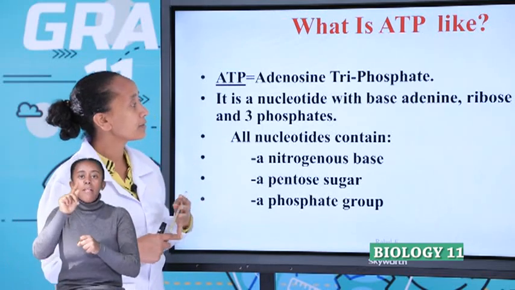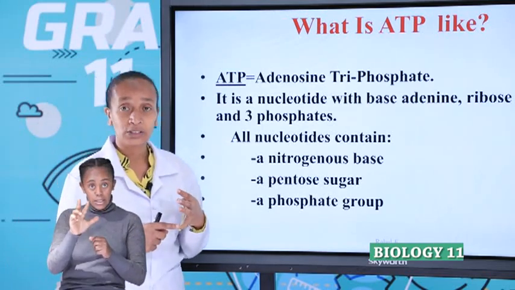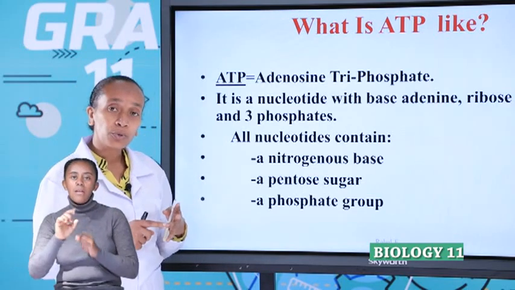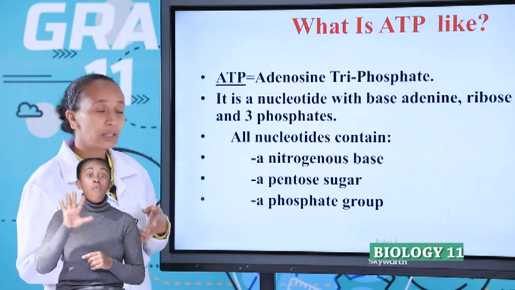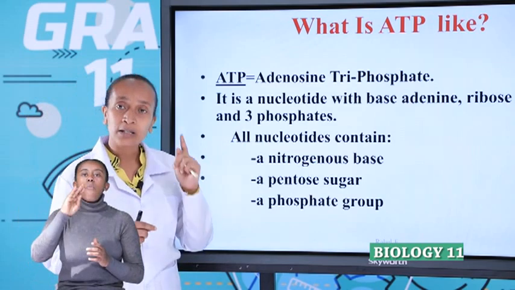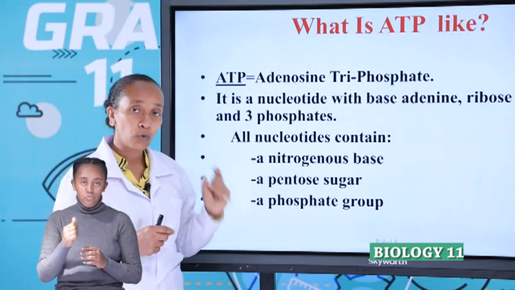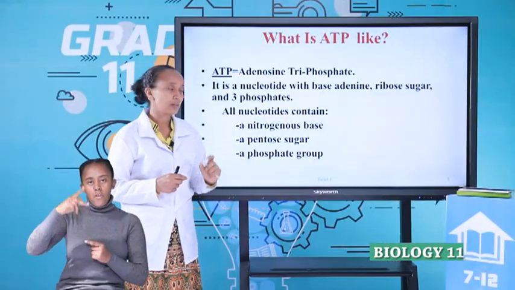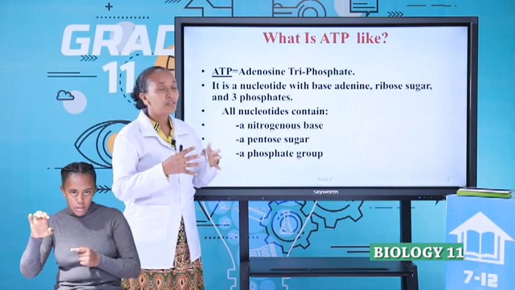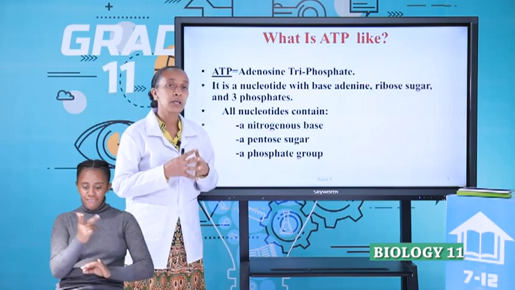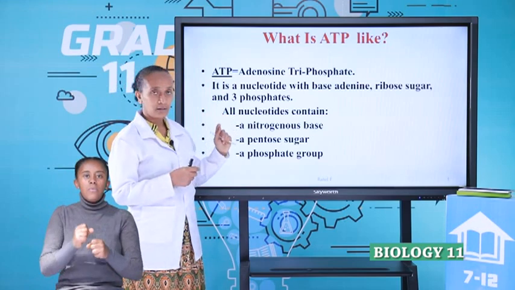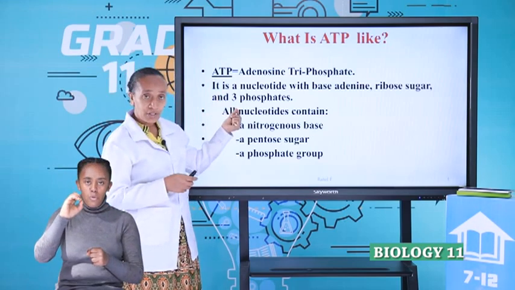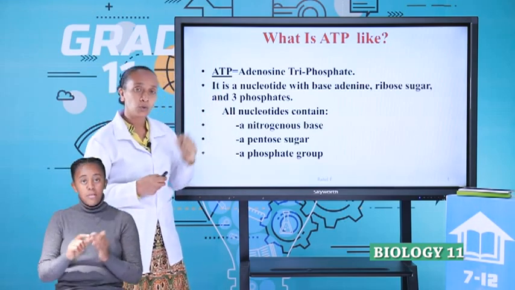One of the components is adenine, which is a base. The other component is a 5-carbon sugar, ribose, and the third component is phosphate. You know that a molecule having these three components is known as a nucleotide. Therefore, our ATP is a type of nucleotide.